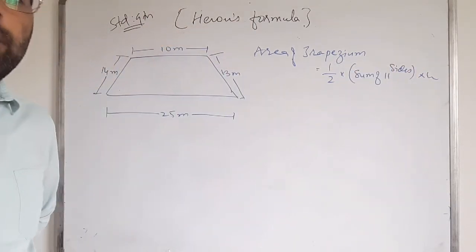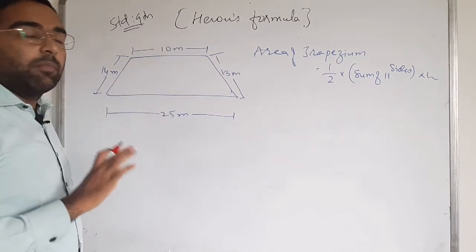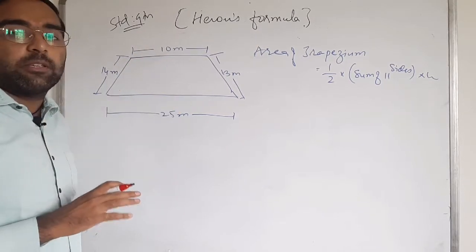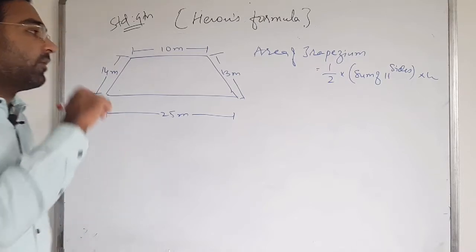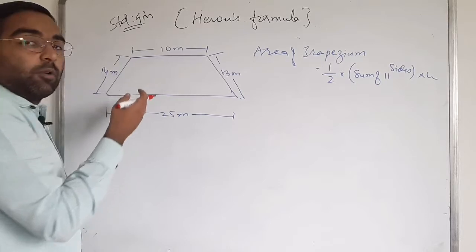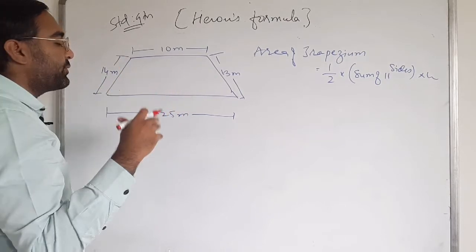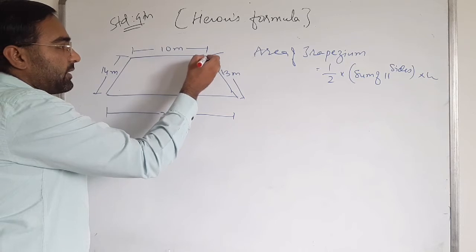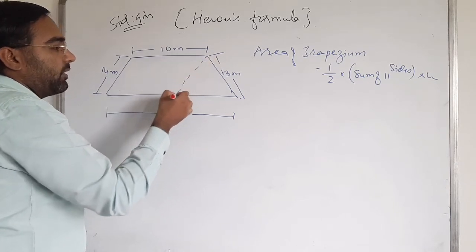Now we have the parallel sides, but we don't have the height of the trapezium. So first of all we have to find the height of the trapezium. For that I'll construct a triangle, from this side or from this side, anyone you can choose. I'll draw from this side.